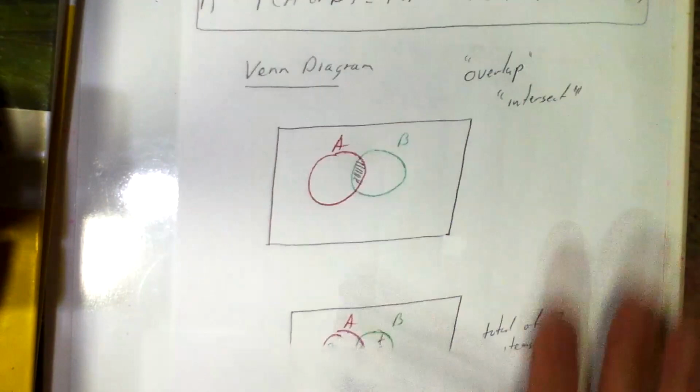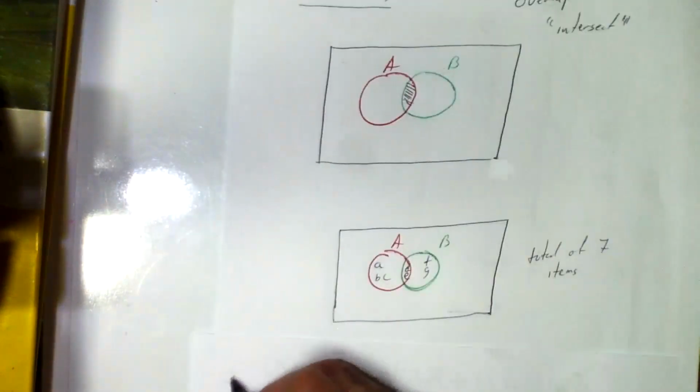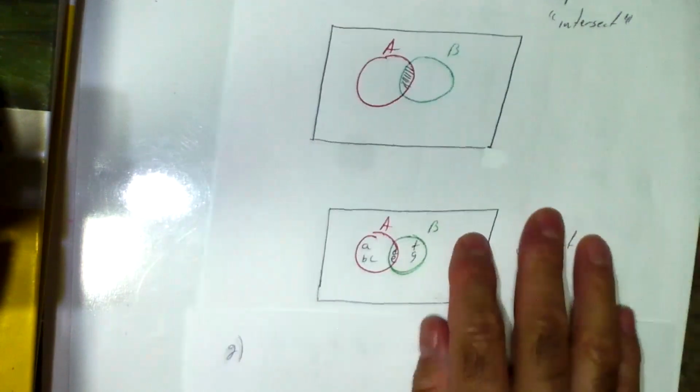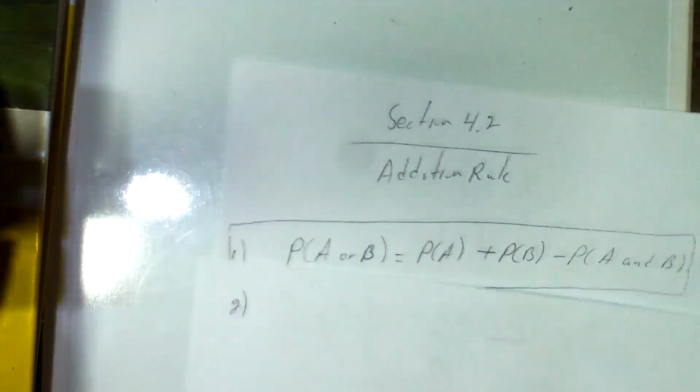Okay, now I got to show you the second formula. And then I'll let you compare that formula with the one that we just did. All right, so this one goes like this.